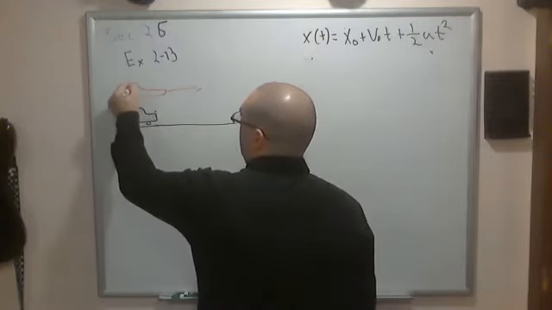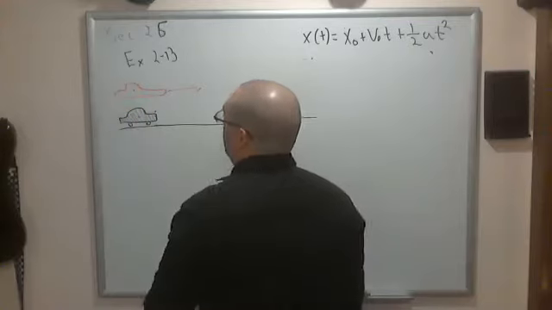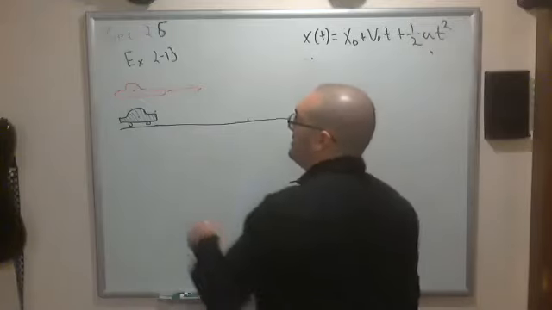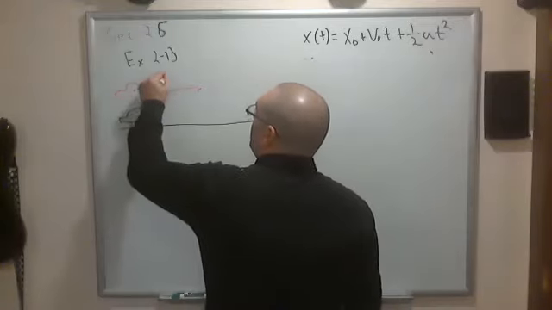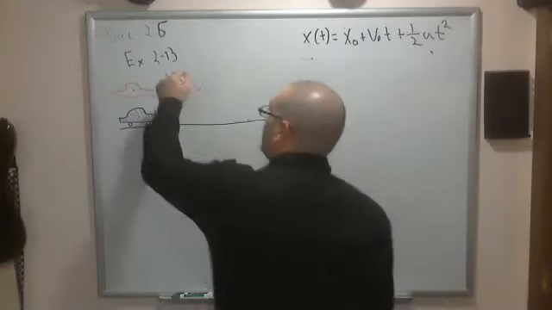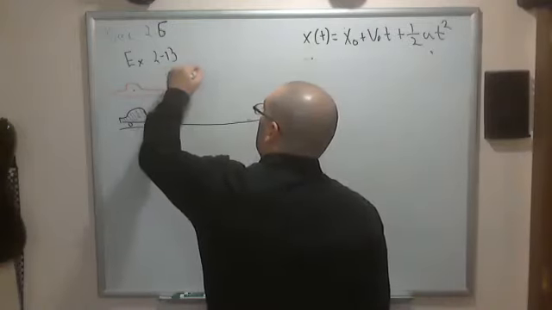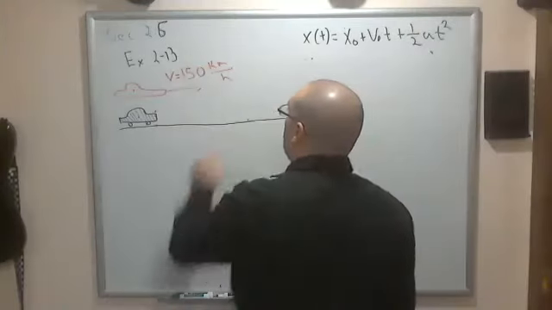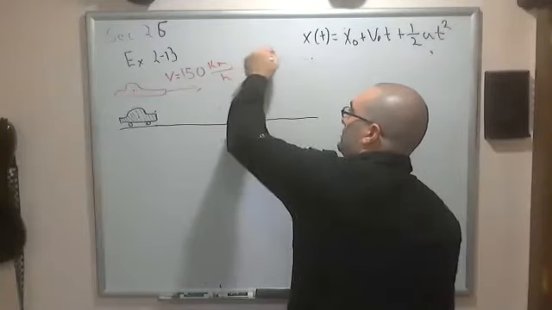And here, let's take the reference point to be in the center of the car. Let's not worry about the size of the car in this problem. Initially, the car is going as fast as it can go, so it's going 150 kilometers per hour. The acceleration is 0.